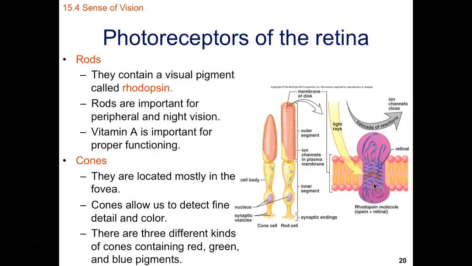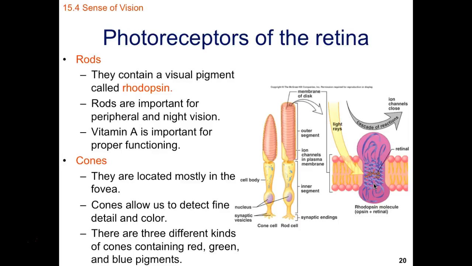Like I mentioned, our rods really pick up our sense of black and white. So it's really important for our peripheral vision and also night vision. And we need good vitamin A for proper functioning. So you can get these from like carrots and sweet potatoes. Those all have really good vitamin A. If you want to get it naturally, of course, you can use a supplement as well.